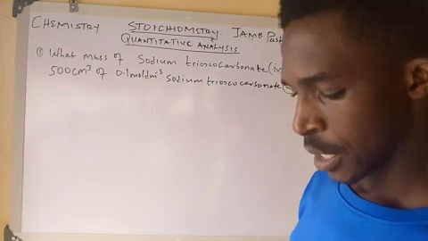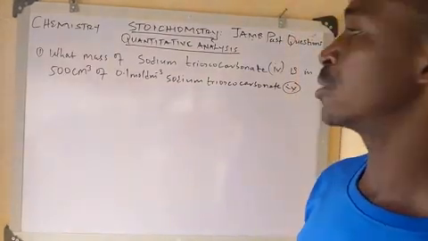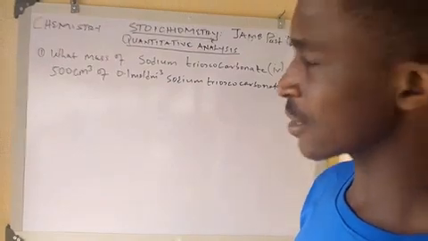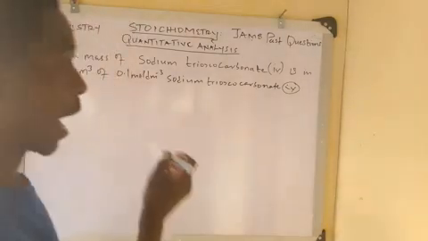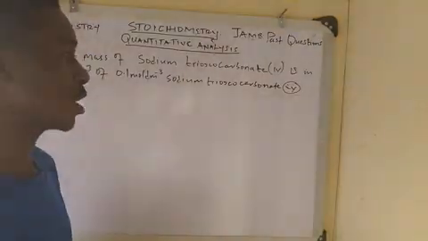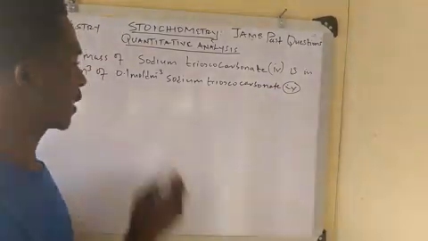So now, let's quickly have a recap on our past class. The first formula says that amount of substance, we say amount is also known as what? Number of moles.